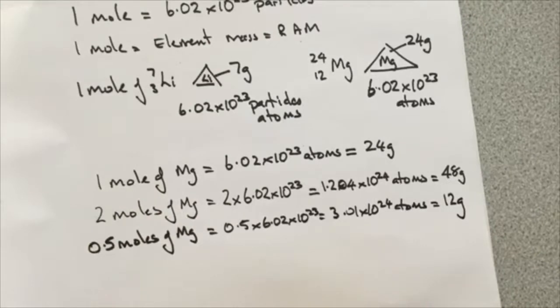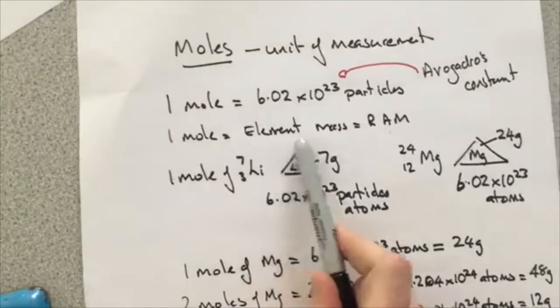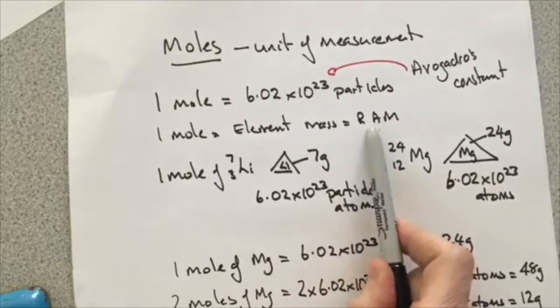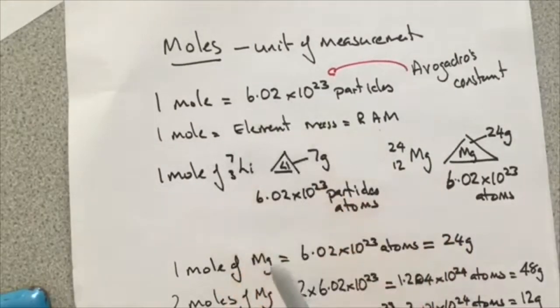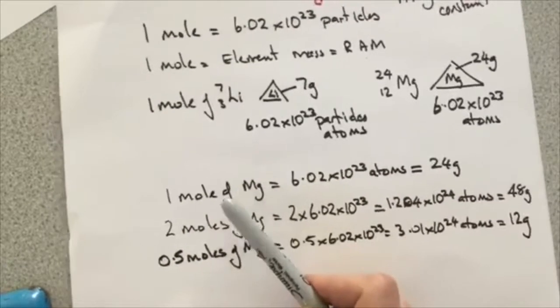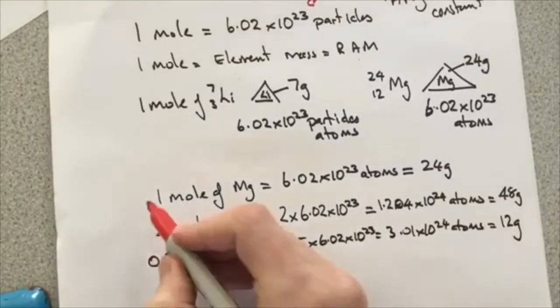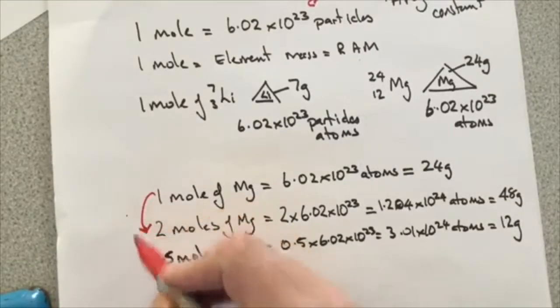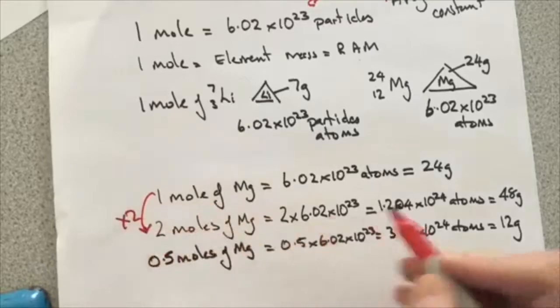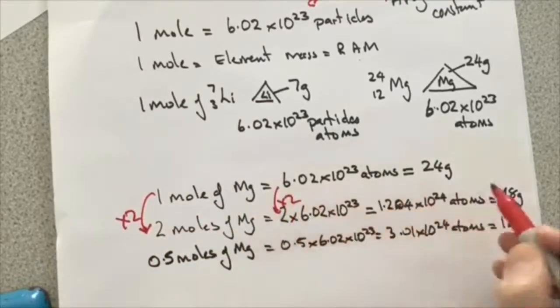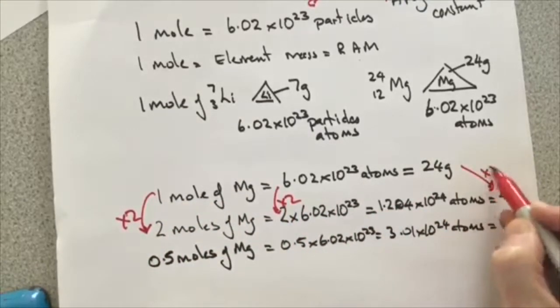So if you've got an element, let's just run through that again. 1 mole of any element, the mass is equal to the relative atomic mass. 1 mole always contains 6.02 times 10 to the 23. This is Avogadro's constant. This is very important. And we can use that, as we've done here, to say I've gone from 1 mole to 2 moles, so I've doubled this, therefore I double this, and therefore I double this.